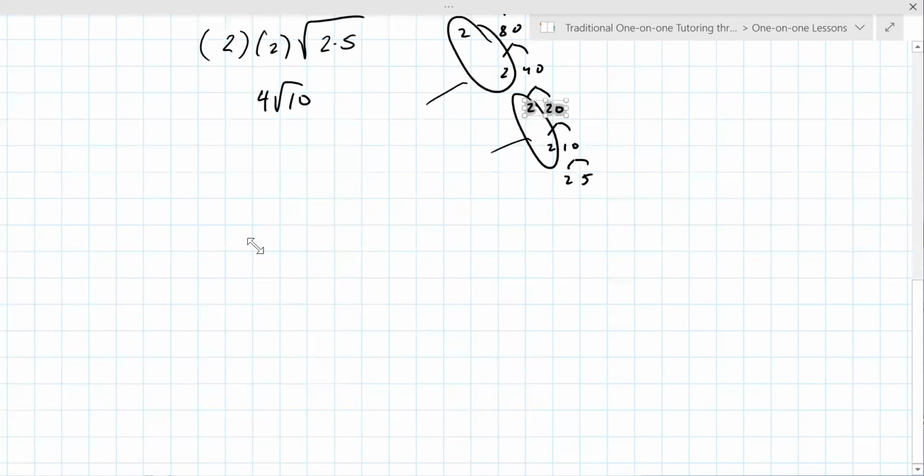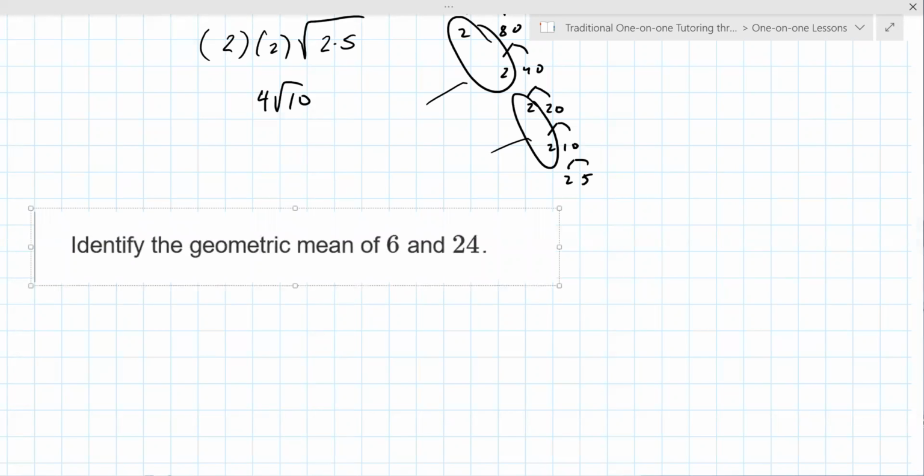All right, so here you go. Same deal here. Okay. Did you multiply 6 and 24 together?